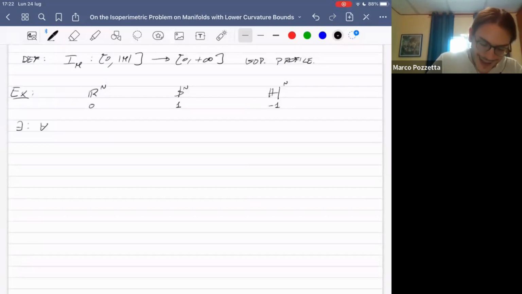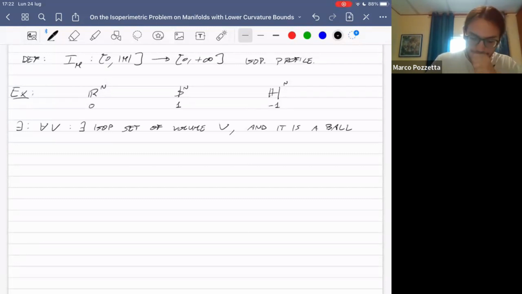For any admissible volume, of course the sphere has finite volume, the other two spaces don't, but it doesn't matter, for any admissible volume there exists an isoperimetric set of that volume V, and it is a ball, a geodesic ball.